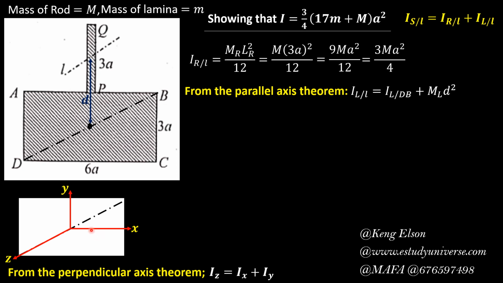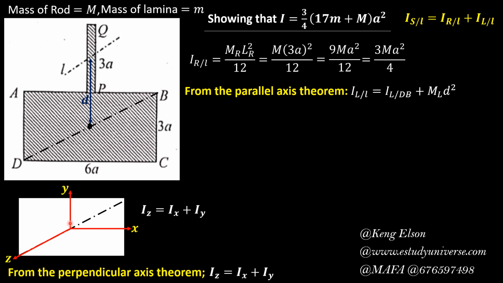The moment of inertia of this lamina about z is just the moment of inertia about the diagonal. So the moment of inertia about z is the moment of inertia about x plus the moment of inertia about y. Let's begin with the moment of inertia about y.